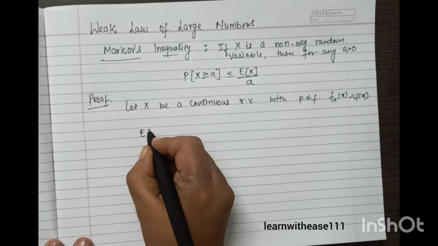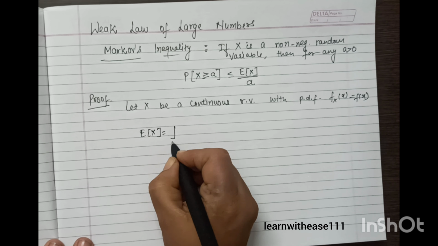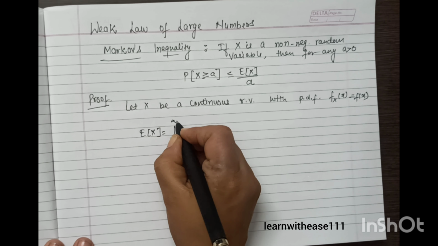Now finding expectation as per the formula, the integral from minus infinity to infinity of x f(x). And since x cannot take negative values because it is a non-negative random variable, our integration will reduce to 0 to infinity.